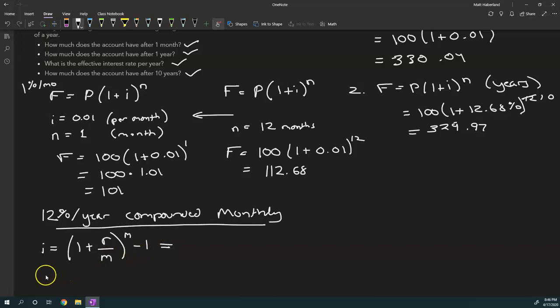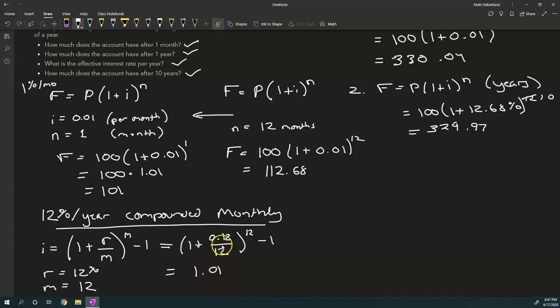Well, in this new case here, r, our nominal interest rate, was 12%, and m, we're compounding 12 times per year, once per month, and so we get 1 plus 0.12 divided by 12, to the 12, minus 1, and that's equal to 1.12, excuse me, not 1.12, 1.01.